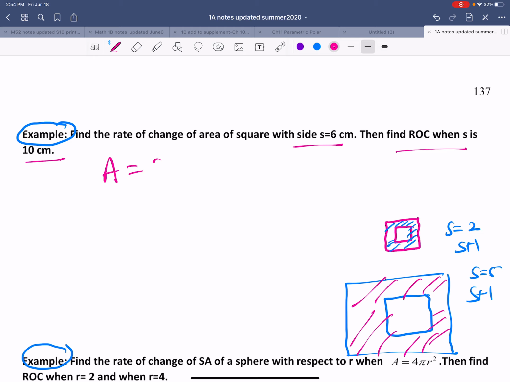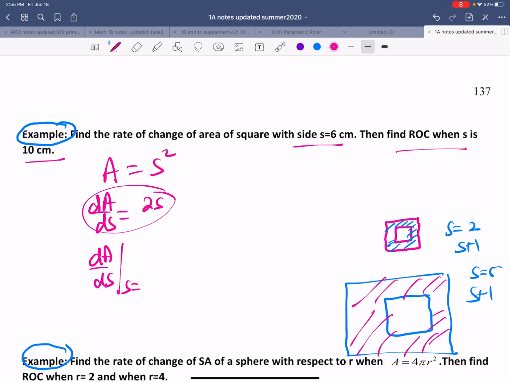So area is s squared, and dA ds would be 2s. If I do the derivative with respect to s, 2s. So dA ds, the rate of change of area with respect to side, when the side is 6, is going to be 2 times 6, which is 12 units. But if the side is 10, then the rate of change will be 20 units.